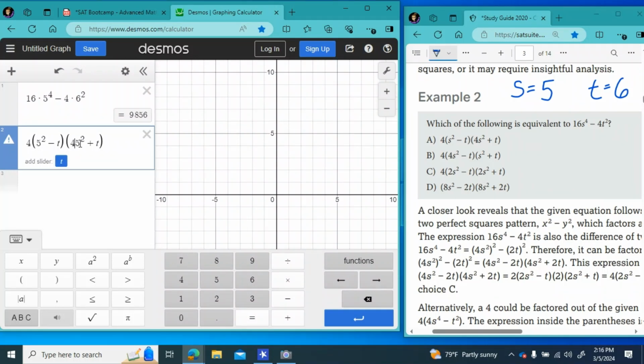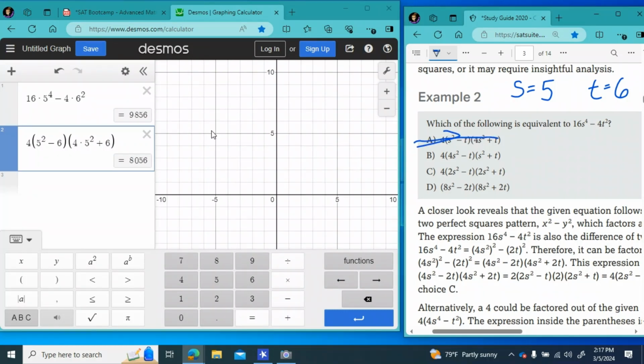And when that 4 and that 5 are next together, that 4 and that S, they're multiplying. So I'm going to put in this multiplication. And every time I have a T, I'm going to plug in a 6. And these numbers are not a match. So I know that A is not the correct answer.